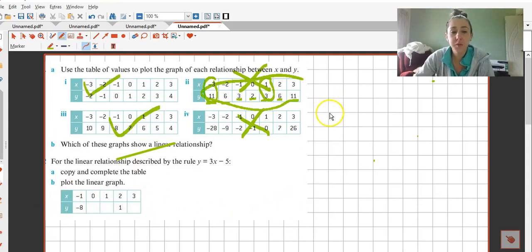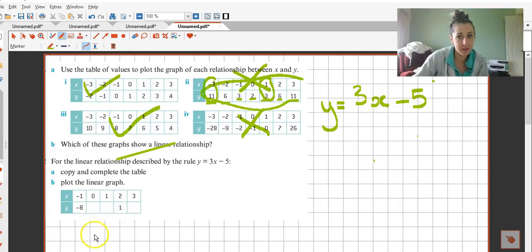So you might remember substituting values into equations. So let's do this. My rule is y equals 3x minus 5. Remember that this is our dependent value and our independent value.